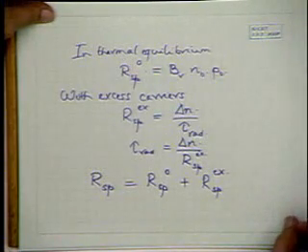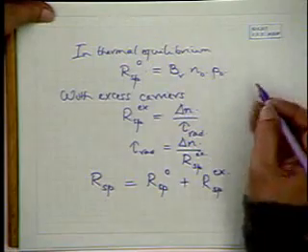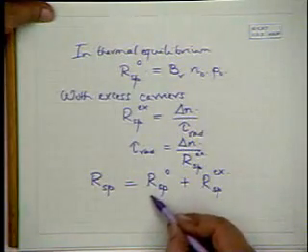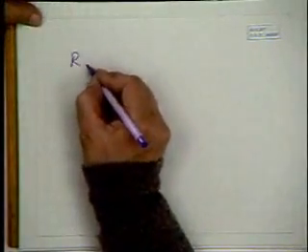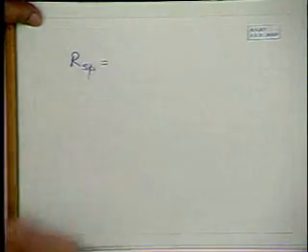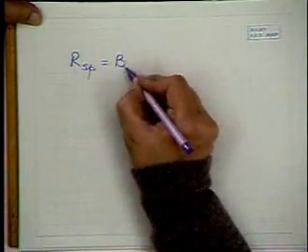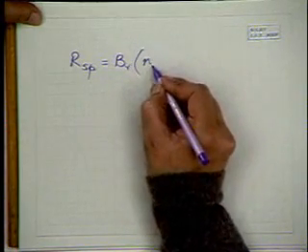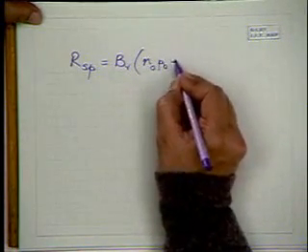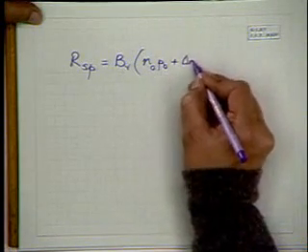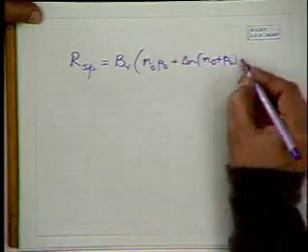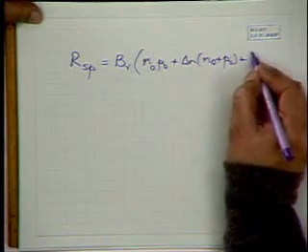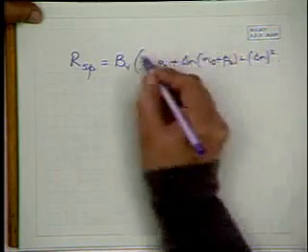Now, we have already written the expressions for RSP0 and RSP excess, so we can expand the expression and write RSP is equal to Br times n0 p0 plus delta n times n0 plus p0 plus delta n squared.